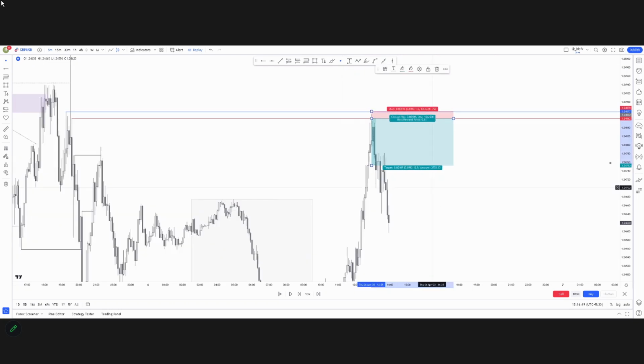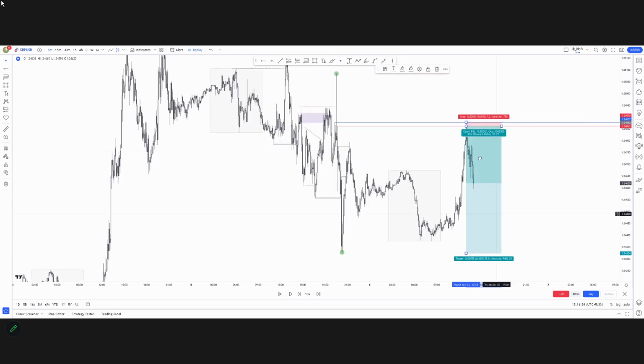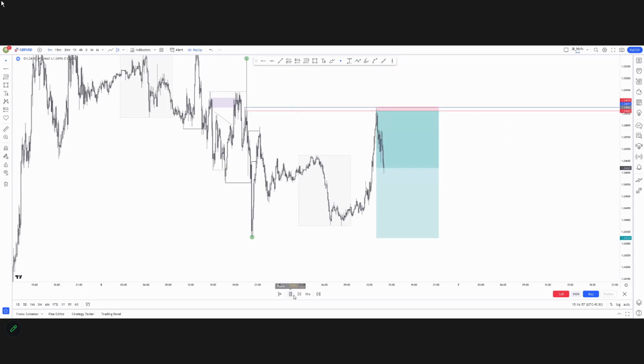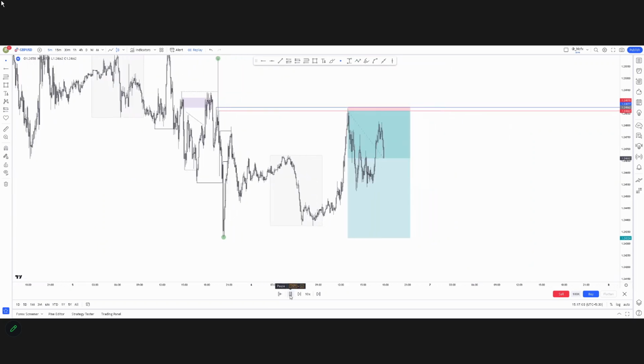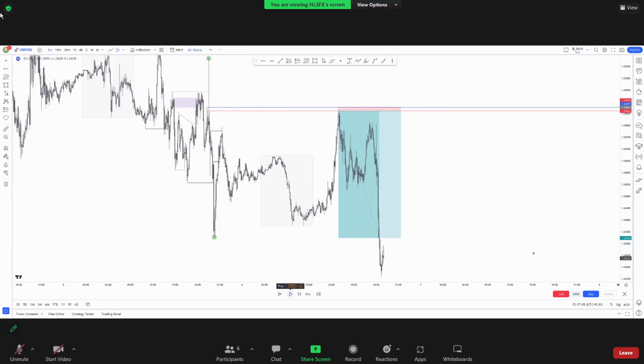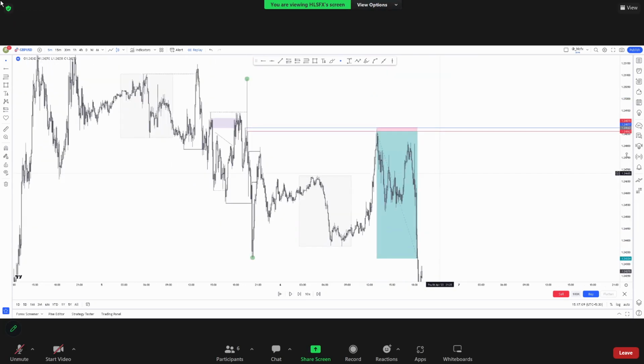Okay, whatever. It's 1.6 pip stop loss. So now I can target this low easily, right? It's 33R. Okay, fine. So now we have a lot of precision just by using the ping pong algorithm.